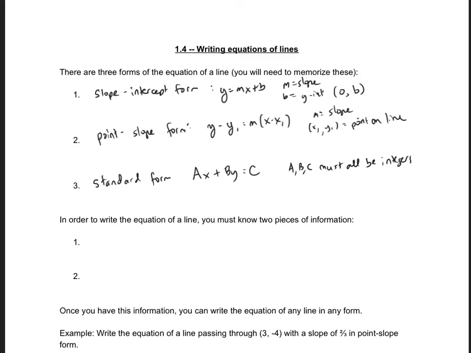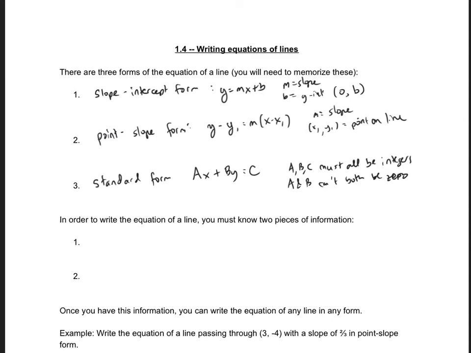And a and b can't both be 0, because that would leave you with 0 equals c. If c is like 2, 0 equals 2 is not a true statement. And if c was 0, 0 equals 0 works for any point (x, y), so you'd fill in the entire plane. So these are the three forms of a line that you're going to need to know.